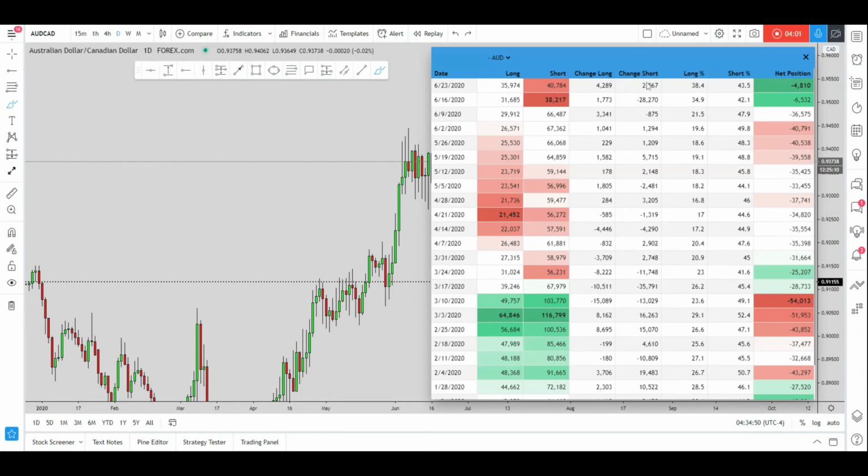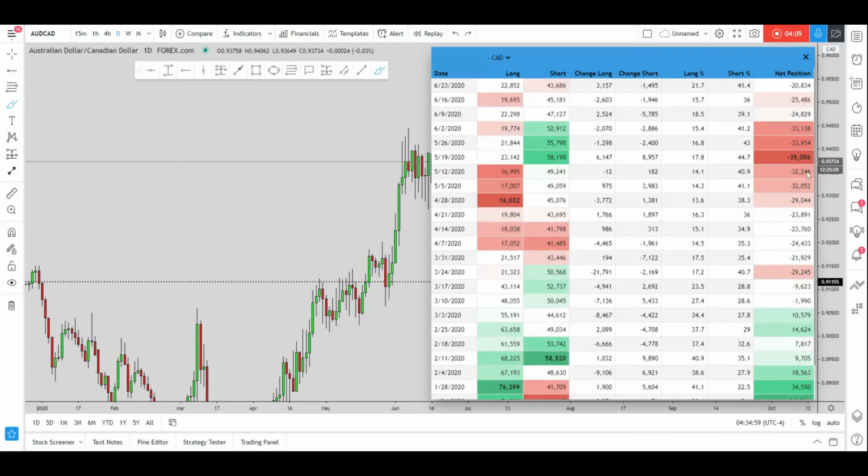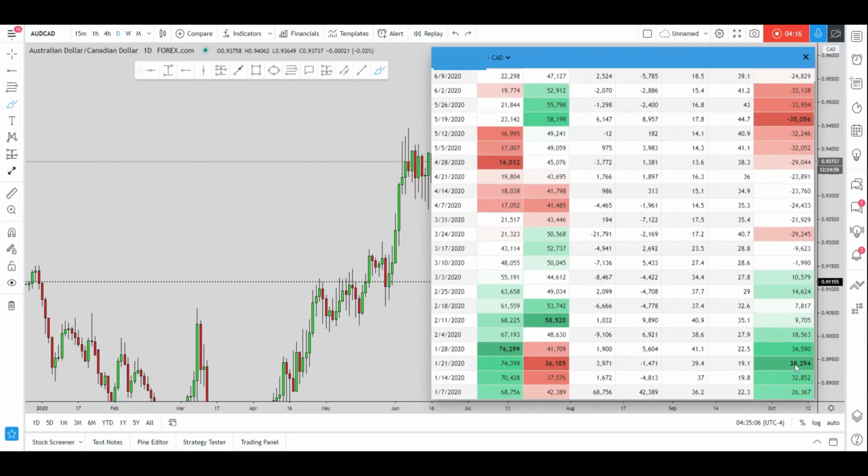And one thing that we must notice, however, is that with the last report, again, they started to add some shorts. And if we go and see what we have from a CAD perspective, we can see that currently we have minus 35K net positions from the positive 38K net positions that we had here.